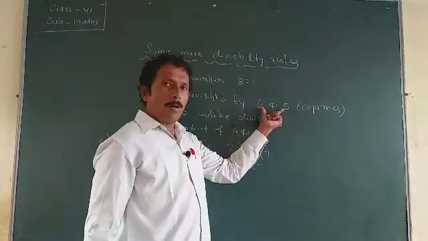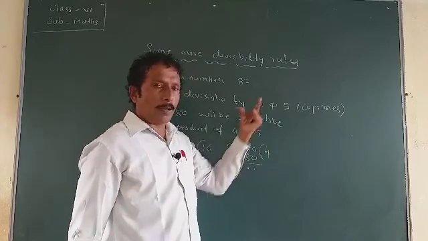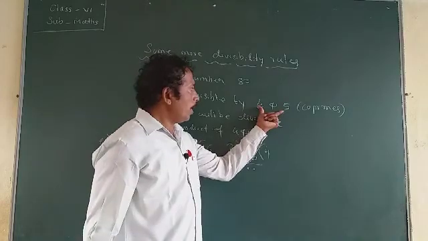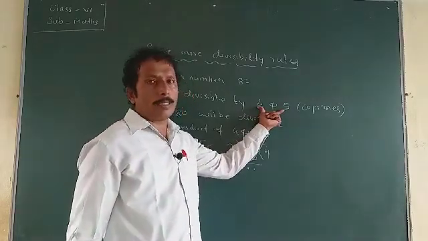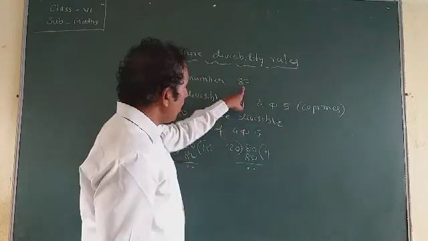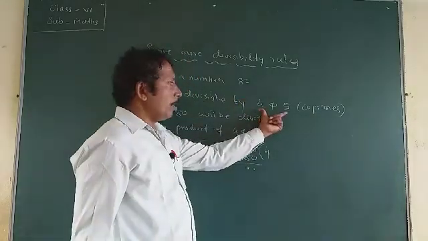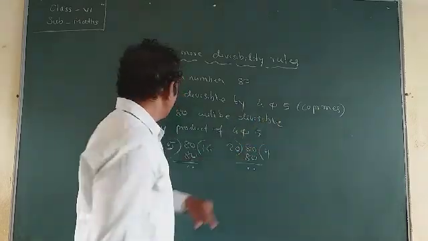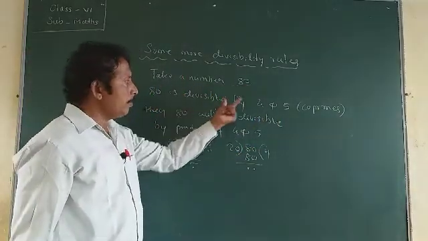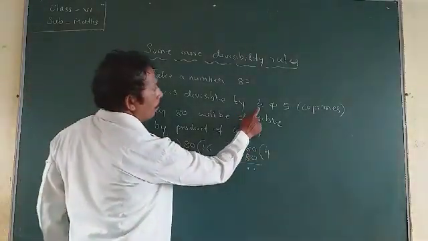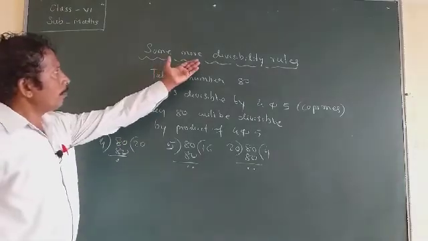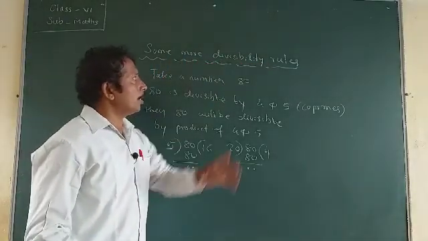Co-prime means the numbers which have 1 as their common factor. 4 and 5 have the common factor 1 only. Therefore 4 and 5 are co-prime numbers. So the same number 80 is divisible by the product of 4 and 5. So this is another divisibility rule.